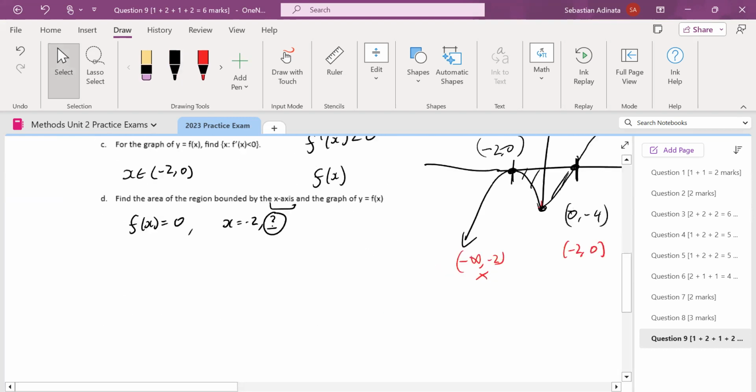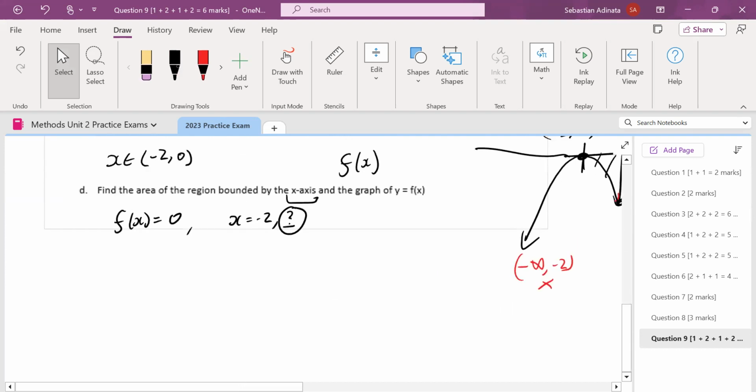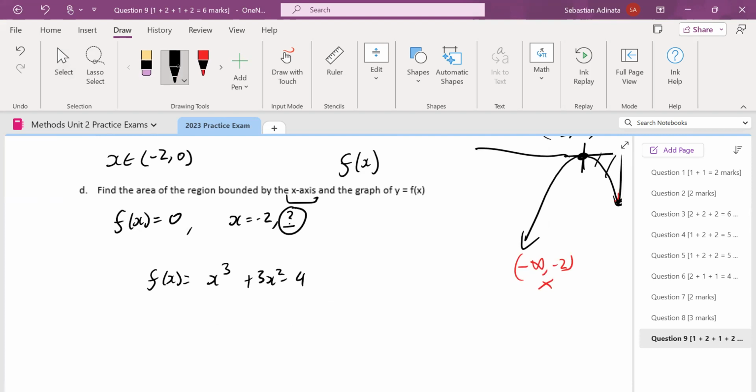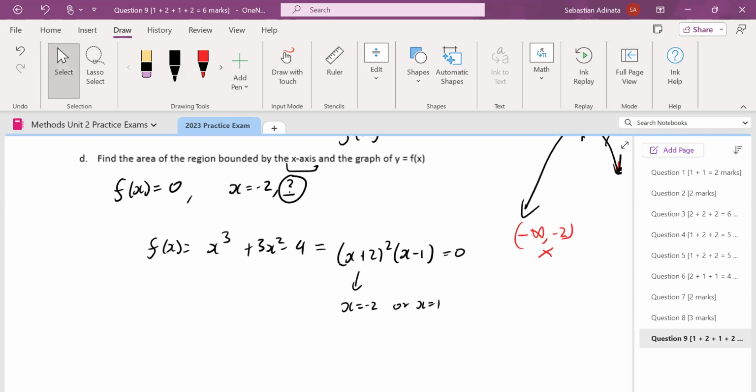So our f of x is x cubed plus 3x squared minus 4, and we already had it in quite nice form. So clearly we can see that it equals 0 at x equals -2 or x equals 1.